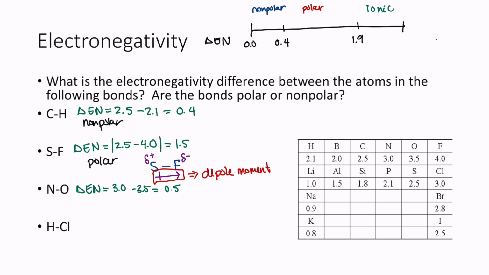So again, this is going to be a polar molecule, or sorry, a polar bond. Nitrogen is less electronegative than oxygen. So in my polar bond, I am going to have a dipole moment that goes from the nitrogen to the oxygen, which means my oxygen is going to be partially negative, my nitrogen is going to be partially positive.